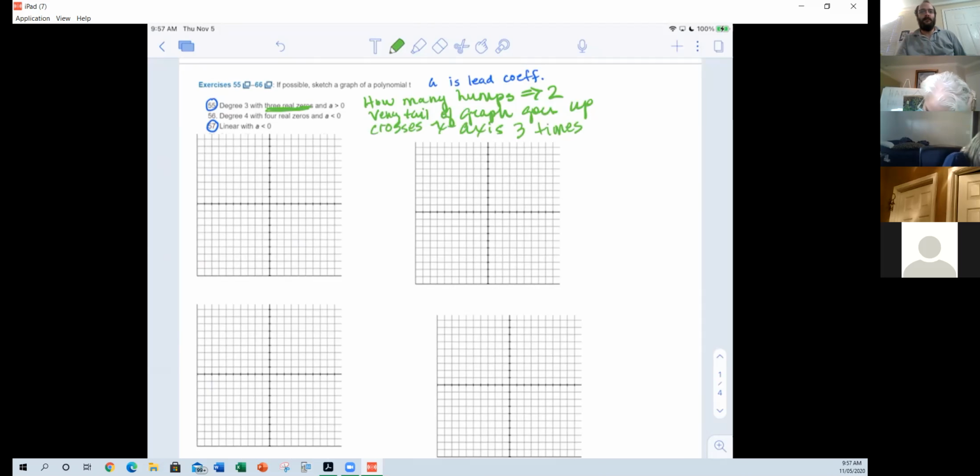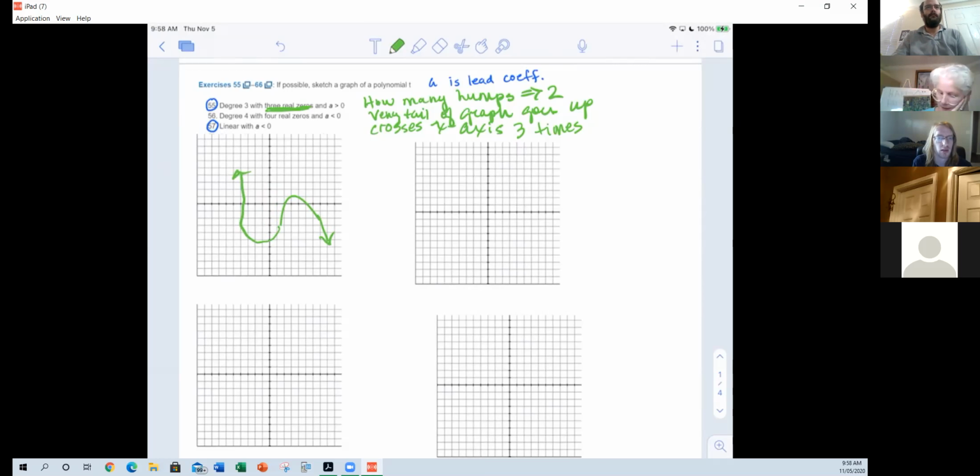So what I do when I'm doing these is I always start at the tail end to make sure it's going down. So I go, okay, I know the thing's going down, and that's the first thing I draw. And then I know it has to have 3 zeros and 2 humps. So there's 1 hump and that's 2 intercepts. And then, whoops. No, shouldn't this one be positive?